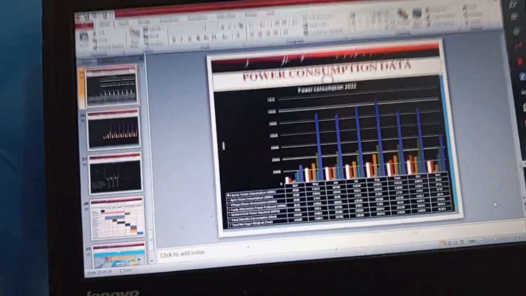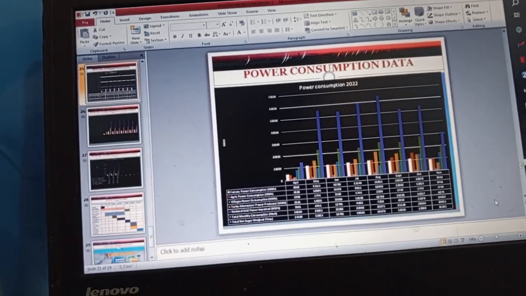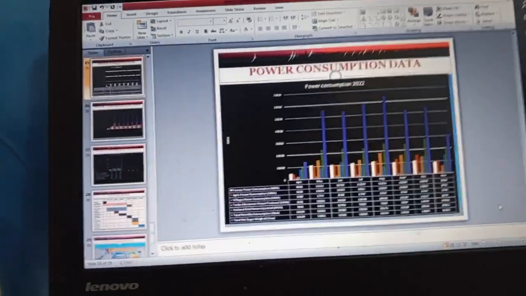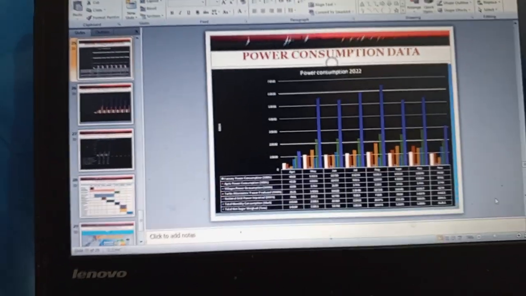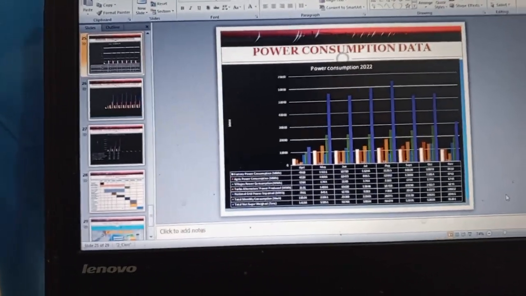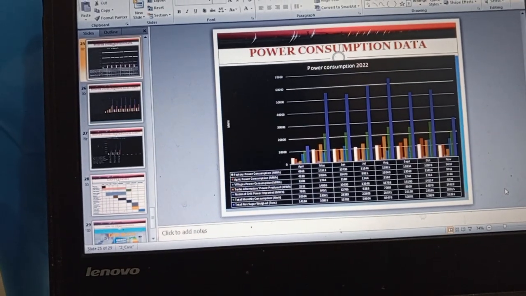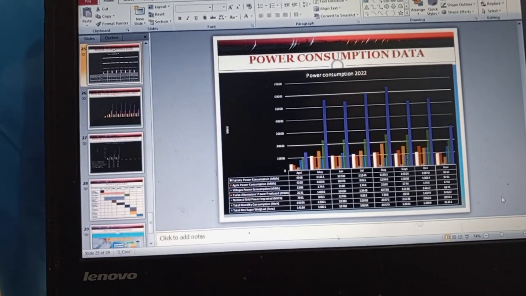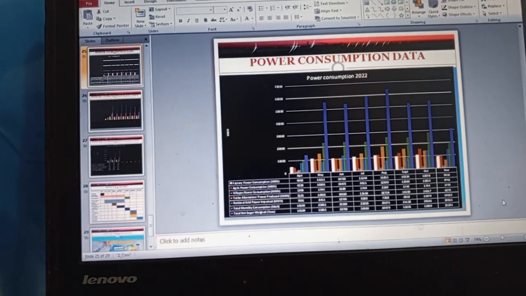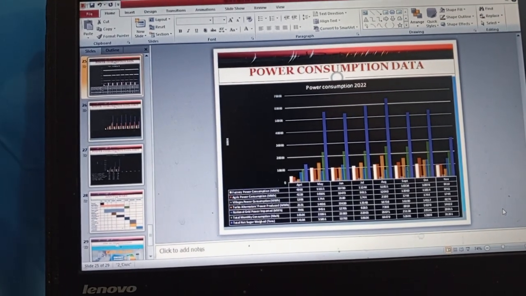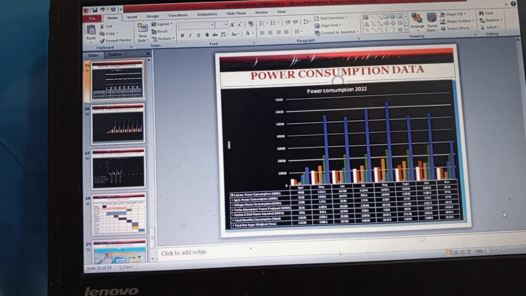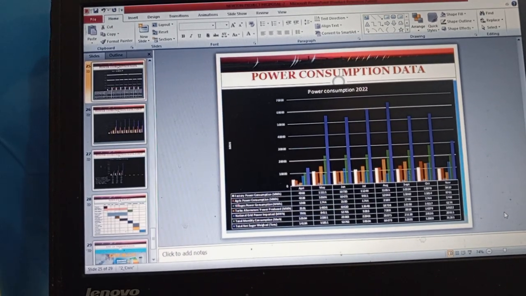Yeah. On the data collection, I think I've already started collecting data. So what we are seeing here are the trends for power consumption around the factory for the year 2022. Of course, the bars here, we have one for factory power consumption, which is in white.